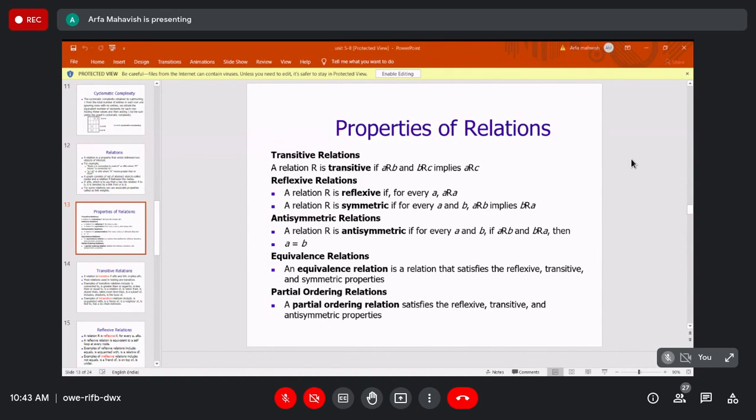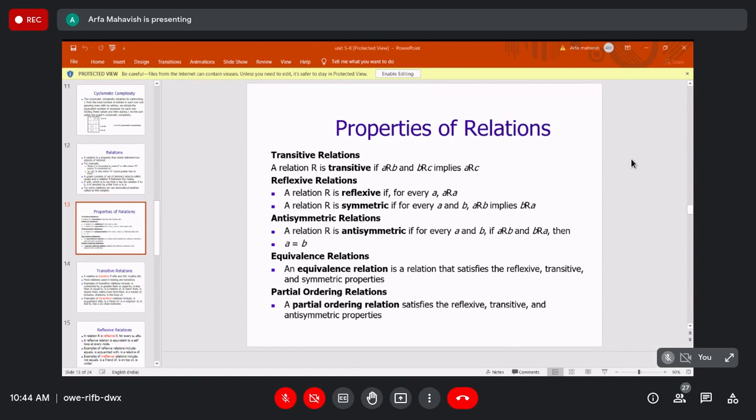So these are the four types of relationships: anti-symmetric, symmetric, transitive and reflexive. These four are the important relationships. You have to write an example of these four relationships in the exam.